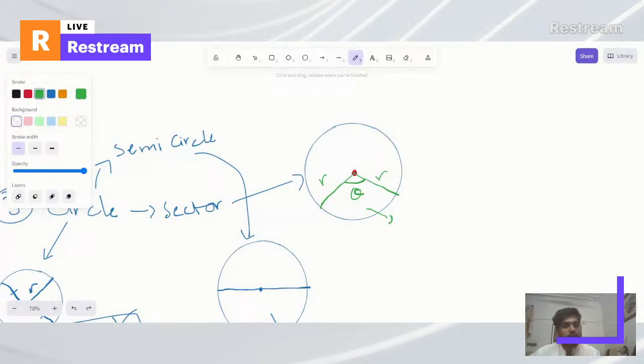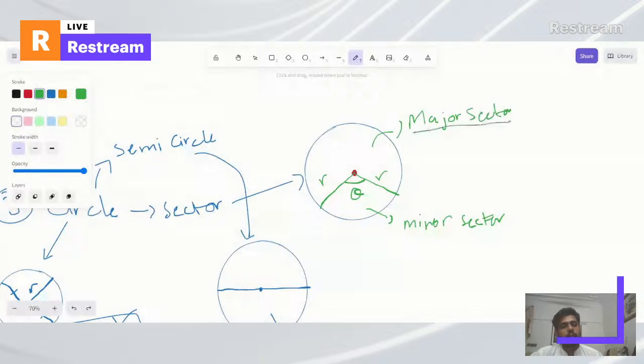All right, so the smaller slice is called a minor sector, and a bigger slice is called a major sector.